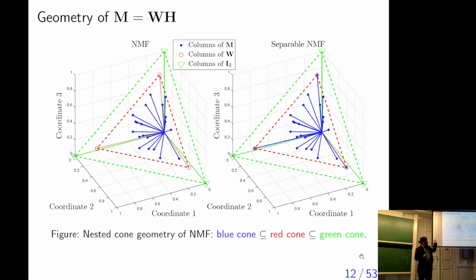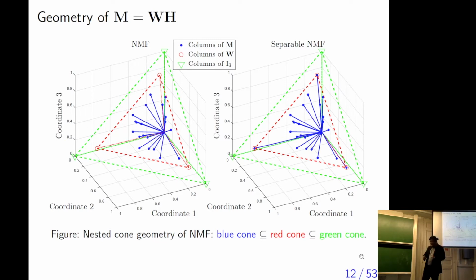But at the same time, the green cone is actually also containing all the blue dots. So if the question of NMF is just find a cone to hold all the data points, there are actually an infinite number of ways you can do that. You just need to find whatever cone that is larger than the red one or smaller than the green one. And any cone in between the red cone and the green cone, you can use it as a factorization.